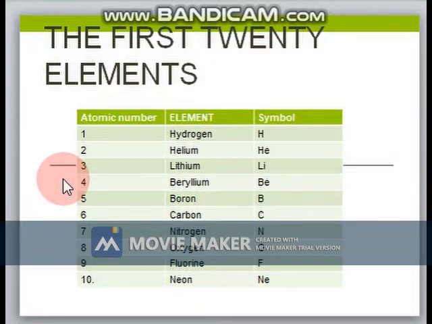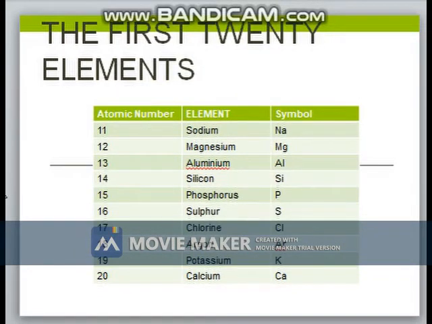Let's look at the next slide on the first 20 elements. From number 11, we have sodium, and its symbol is Na, up to calcium, which is atomic number 20 with the symbol Ca.